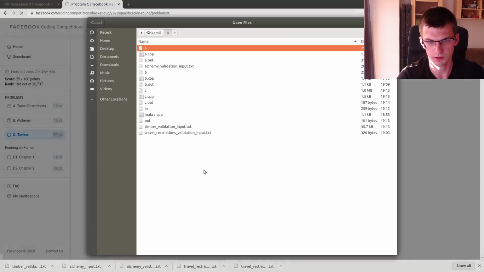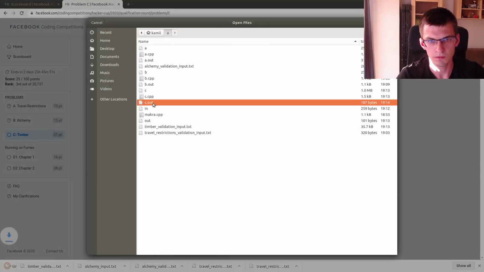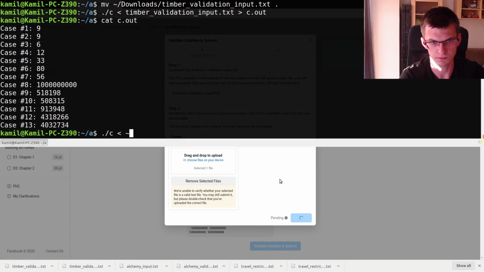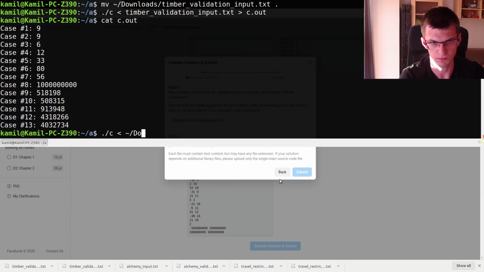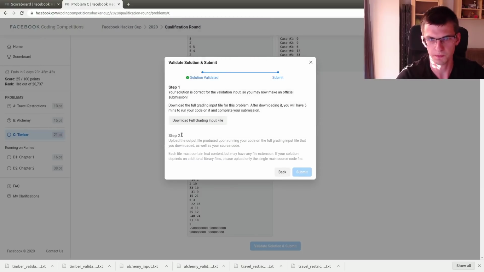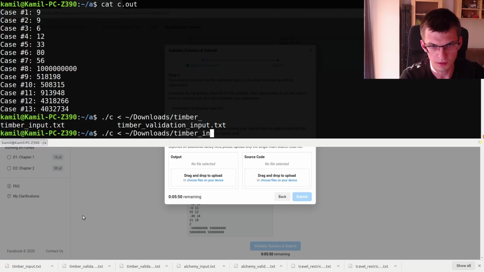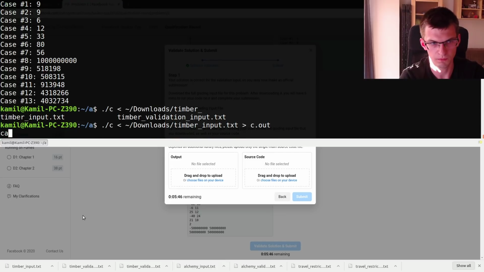No, not that. Downloads. Timber. Actually, there are now like 2 timbers. Oh, slow.